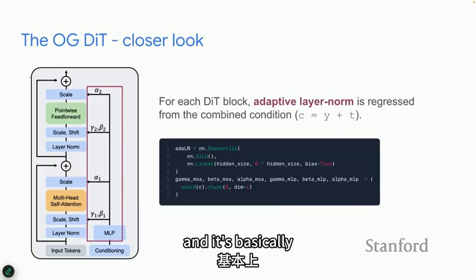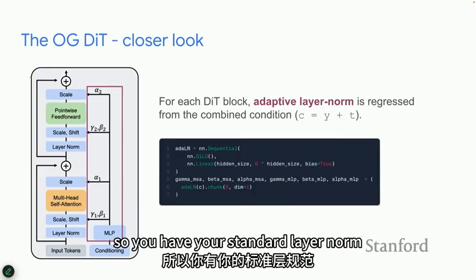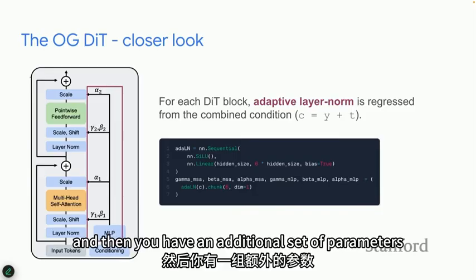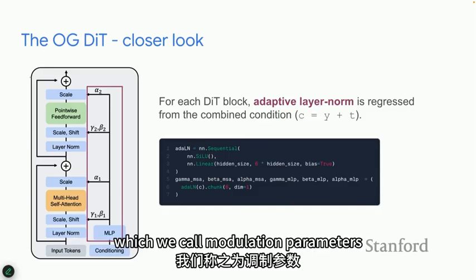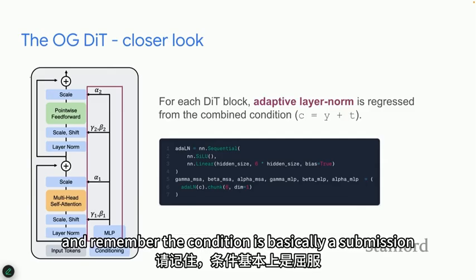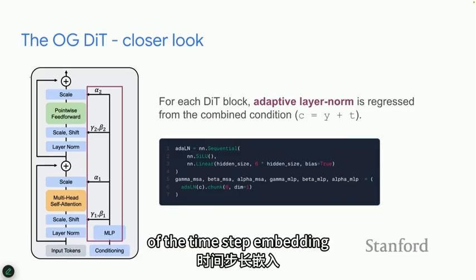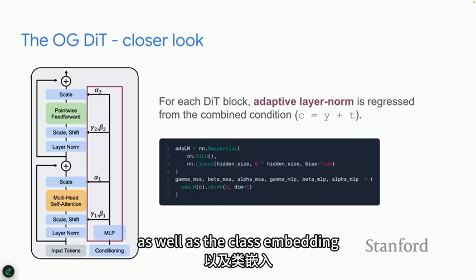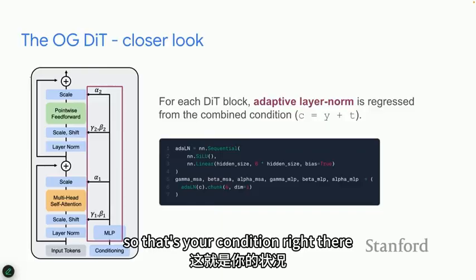And it's basically this. You have your standard layer norm, and then you have an additional set of parameters, which we call modulation parameters, which basically operate on the condition space. And remember, the condition is basically a summation of the time step embeddings as well as the class embeddings. So that's your condition right there.